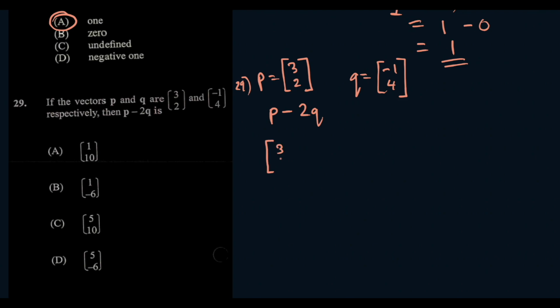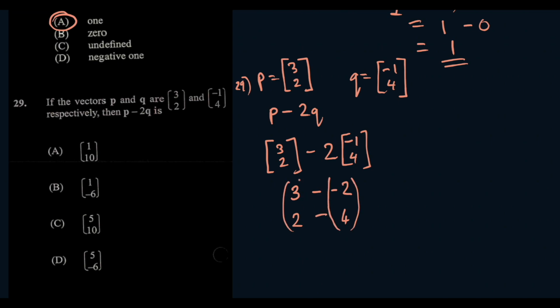P is (3, 2) minus 2 multiplied by Q, which is (-1, 4). So then we'll have (3, 2), subtract this, (-2, 8). This 2 times negative 1 would be negative 2, and this 2 times 4 would be 8.